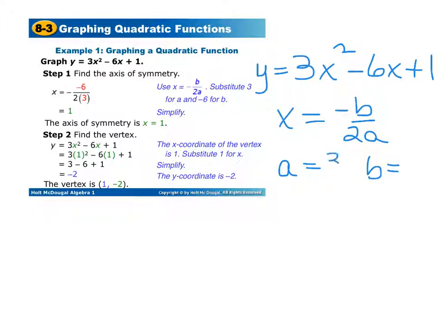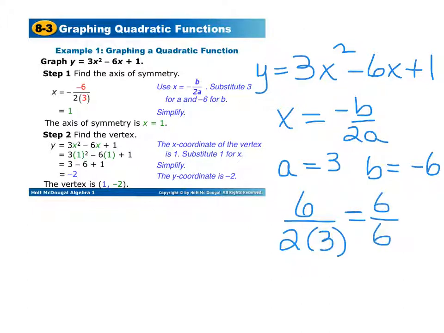So my a is 3 and my b is negative 6. Now I'm going to put it into the formula. Opposite of b will become positive 6, and then 2 times a, which is 3, and then I'll multiply and divide. My axis of symmetry is x equals 1.